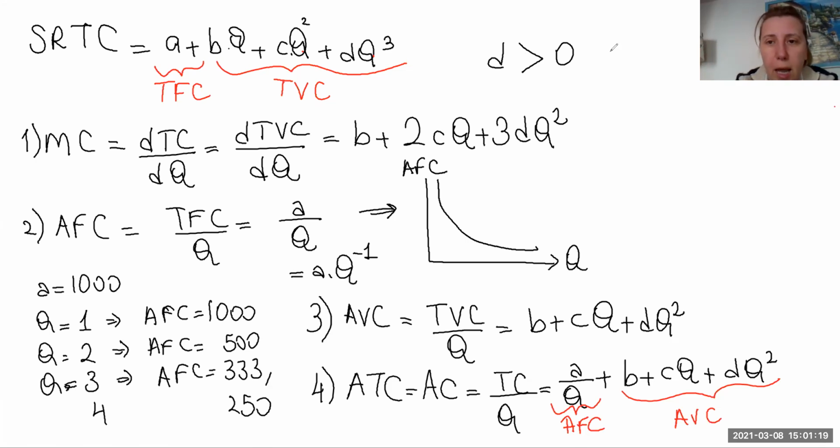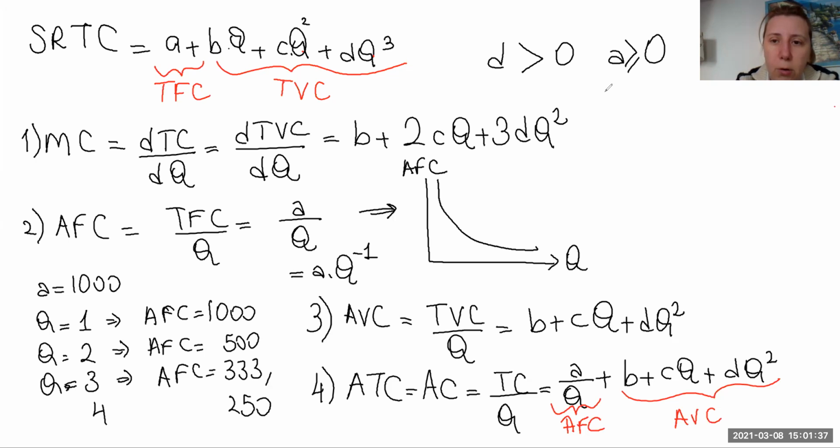And of course, A is positive or 0. If there is no fixed cost of production, then A is 0, but it could be positive if there is a fixed cost.